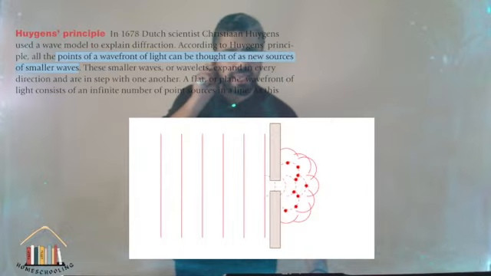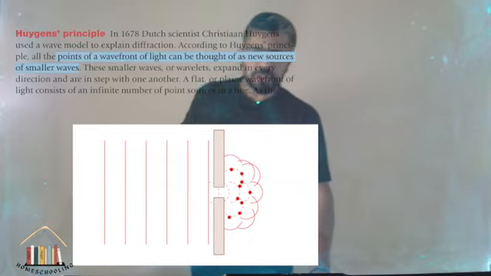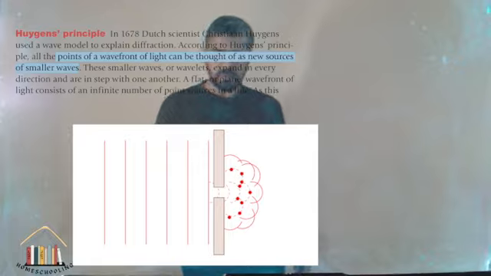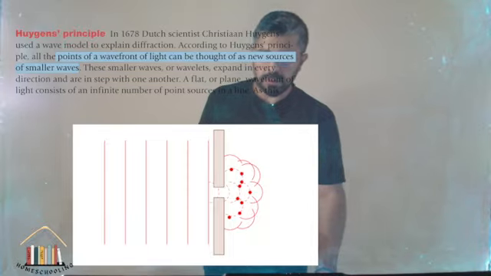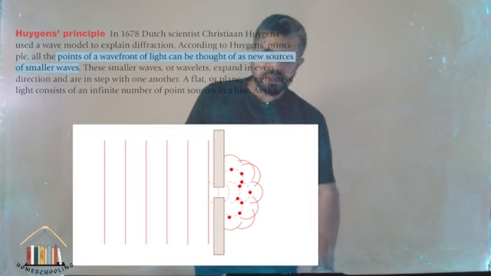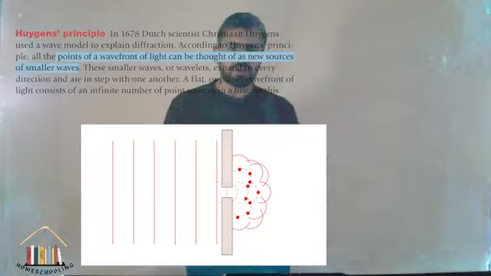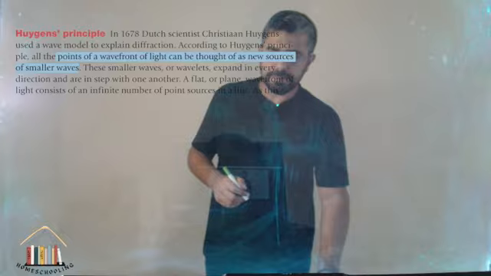Going again to the example of the slit, imagine these lines as the waves. The moment they hit the slit, these waves will turn into a source of light themselves.